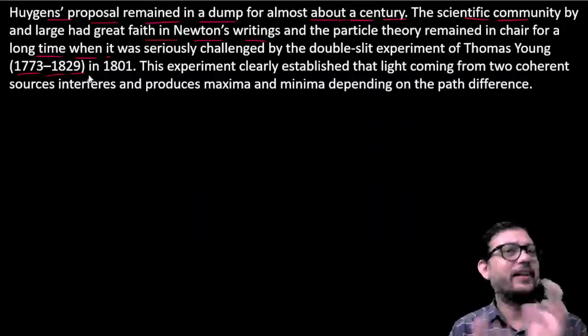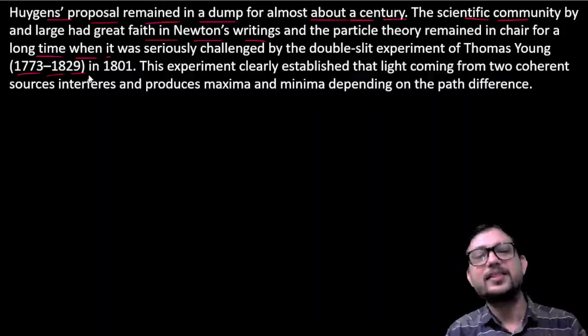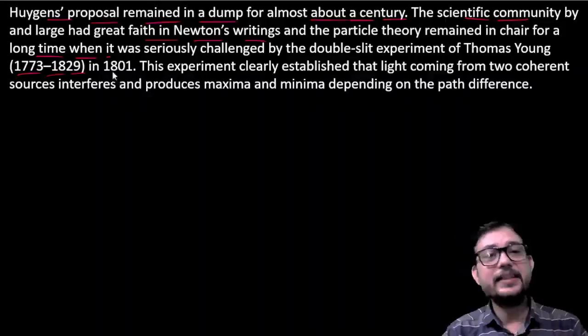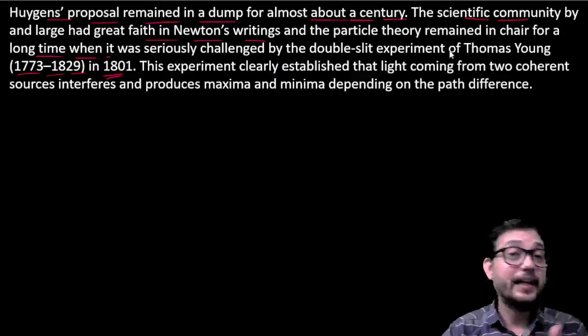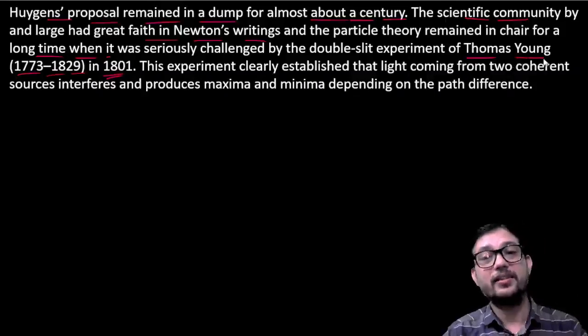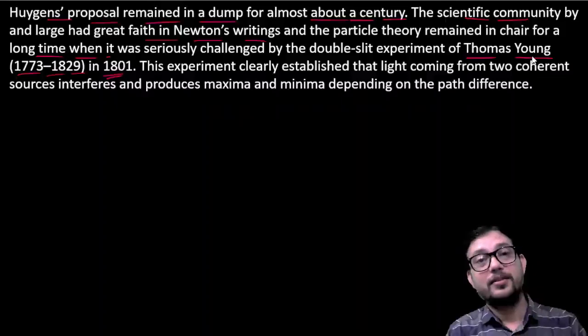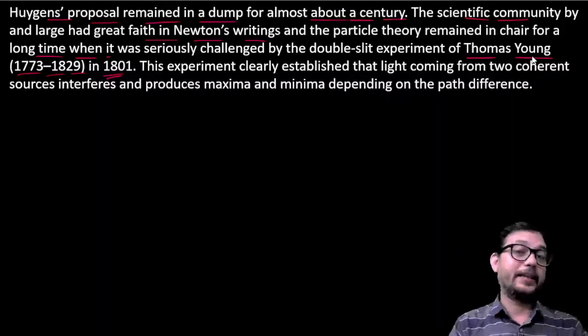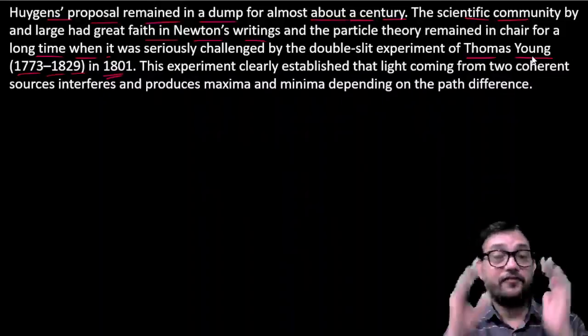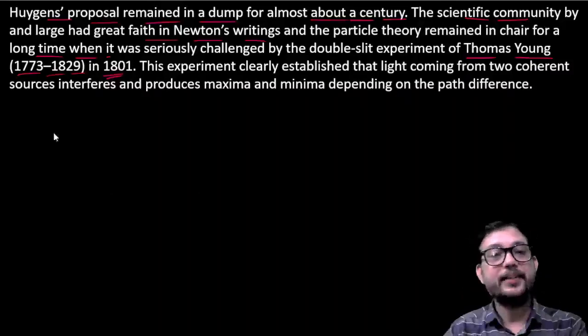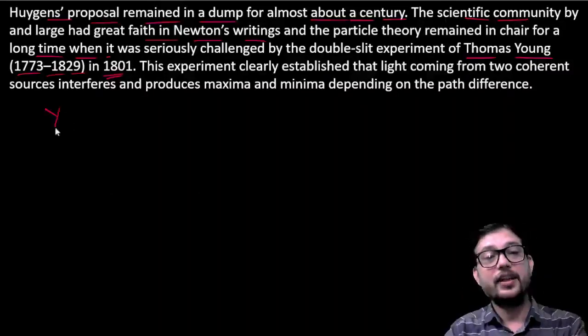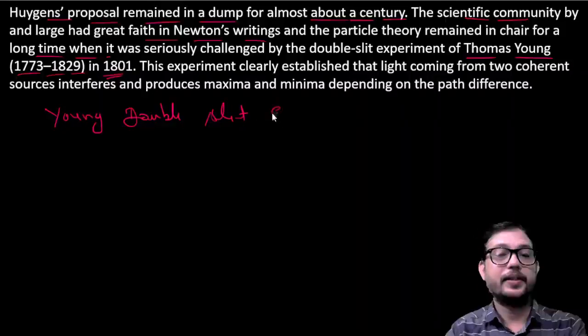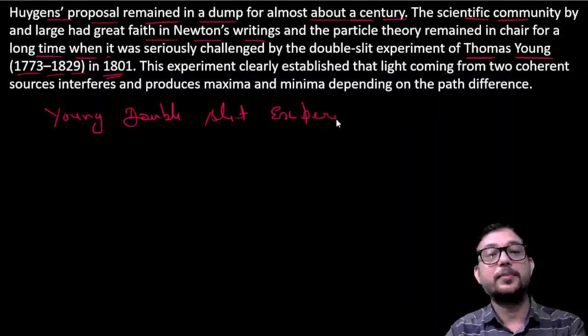in the early 1800s, in 1801, there was a scientist named Thomas Young, and he performed a very, very famous experiment that is known as Young's double slit experiment.